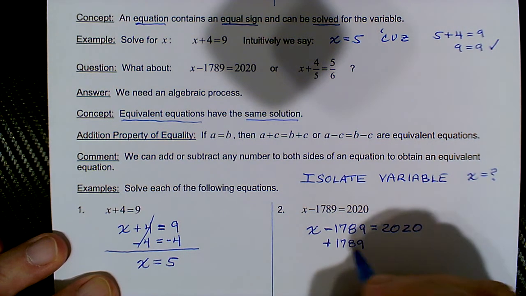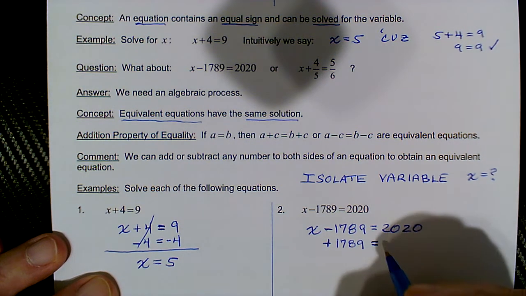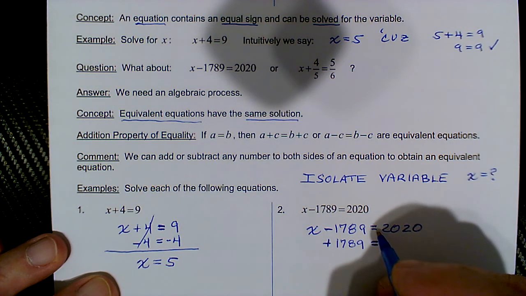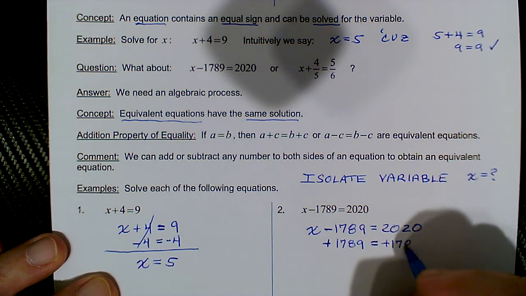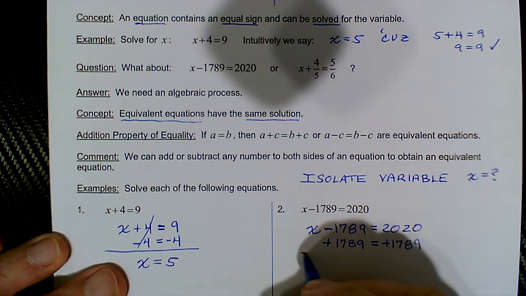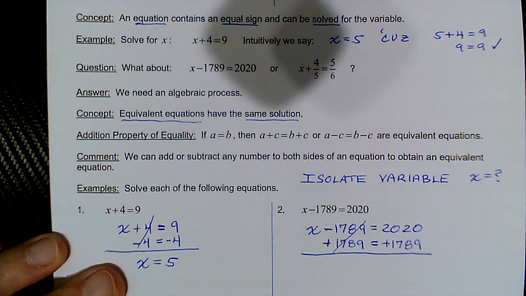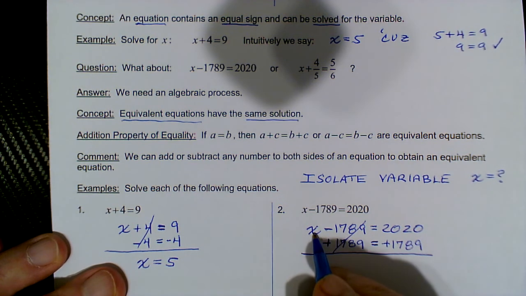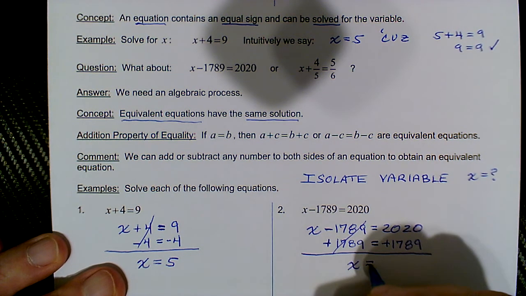But whatever we do to one side of the equation, we have to do to the other. So notice the structure once again: line up the equals, and add 1789 to this side as well. Okay, now the 1789s go away. No need to write a +0 there. Once again, we bring down the x, and you could tuck it right in next to the equal sign.